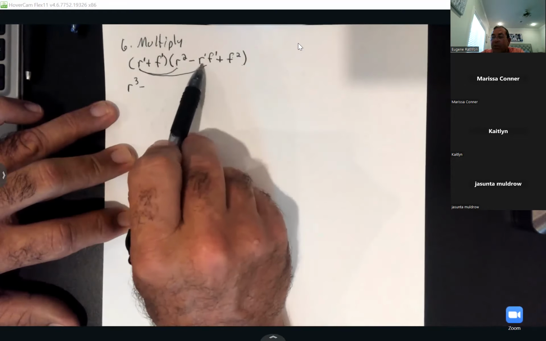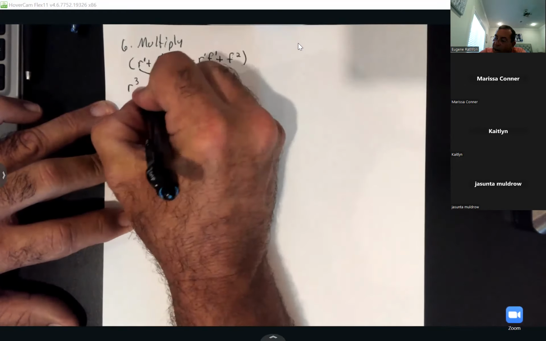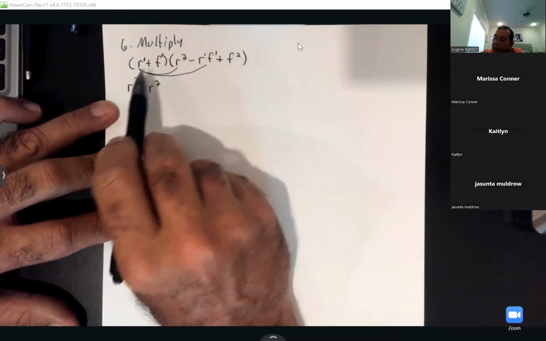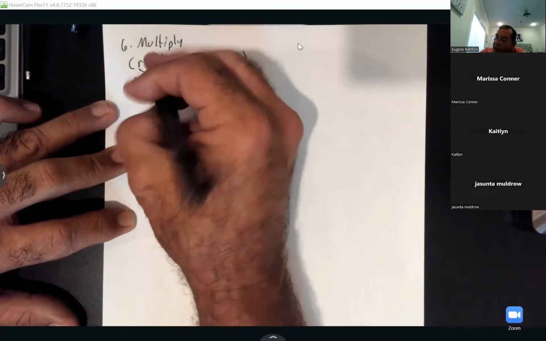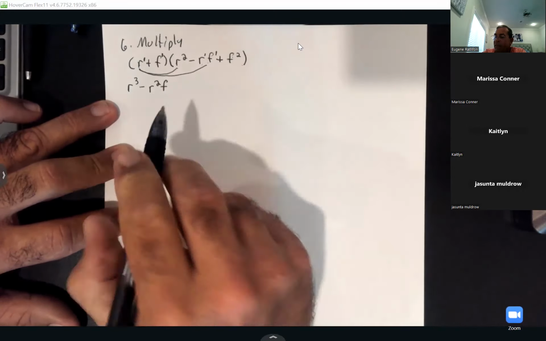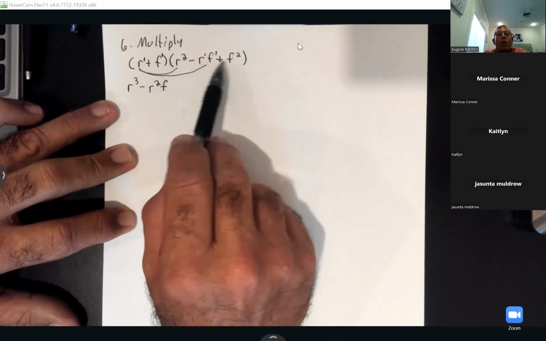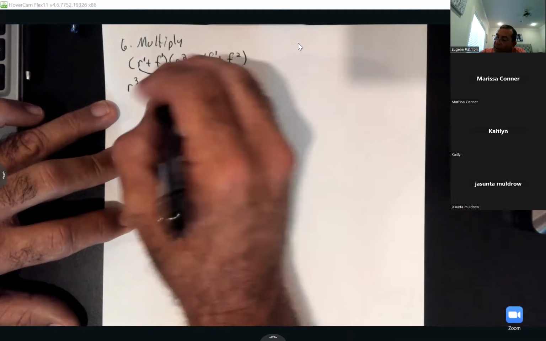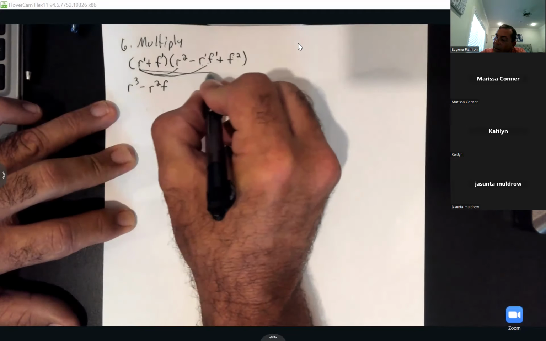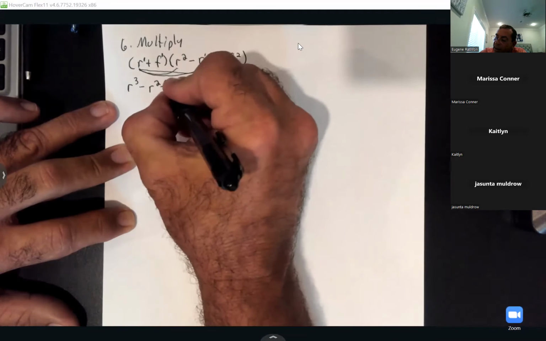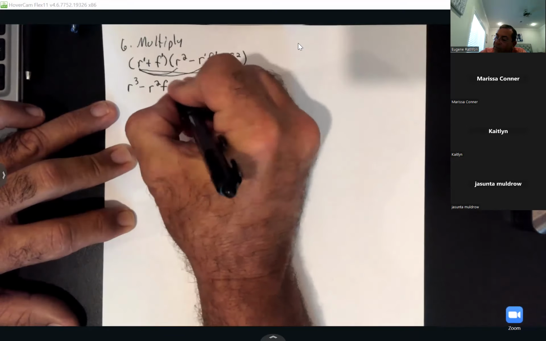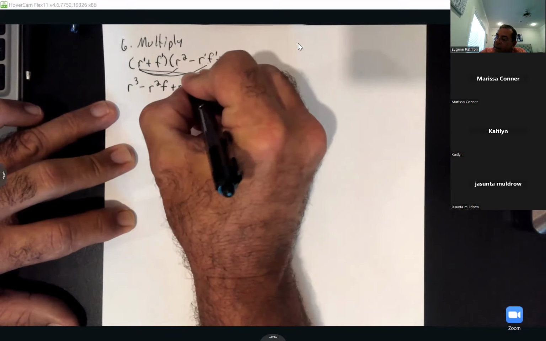The R times R gives you a R squared, and then bring down the F with it. So basically, all I'm doing is adding 1 R to all of these. And then finally, the R times the F squared will give me a positive RF squared.